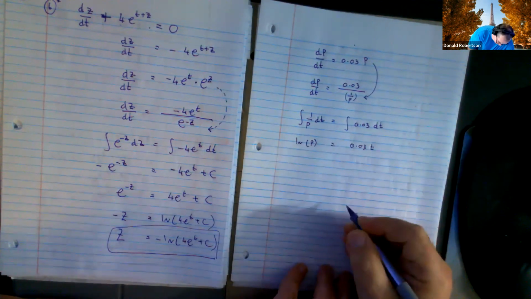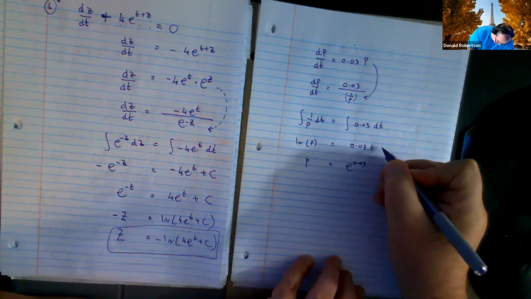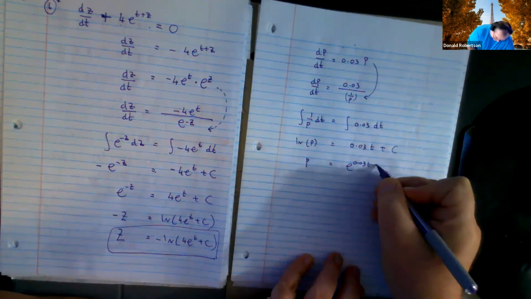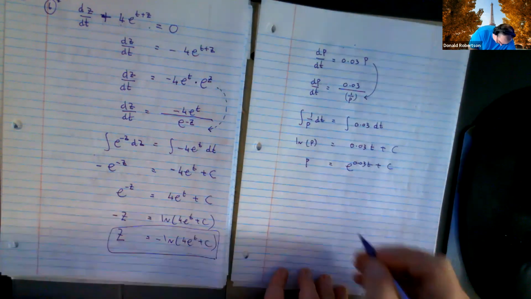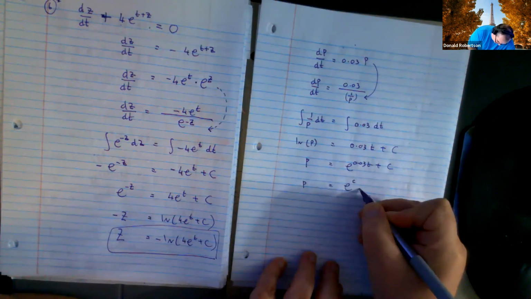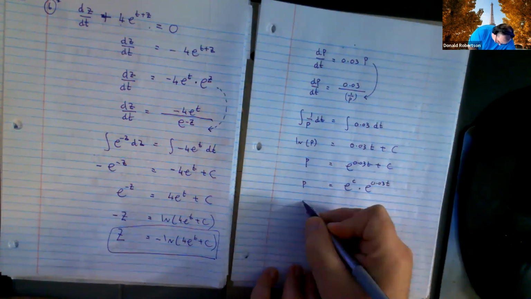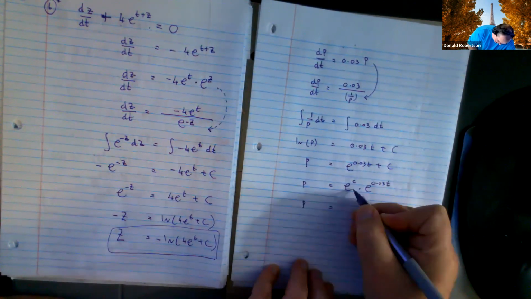If you raise both, oh, plus c, you get that guy. And if I rewrite this as e to the c, e to the 0.03t, can't I call that guy c?